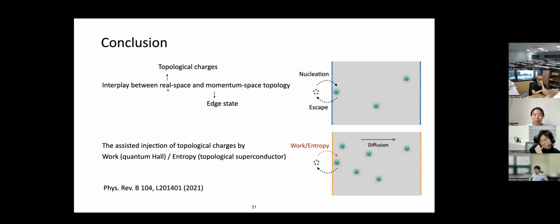So we explore the functionality of this edge state as assisting the injection of topological charges, either by doing work on the system or transferring heat into the system. And if you're interested in knowing about the details, you can read our paper here.